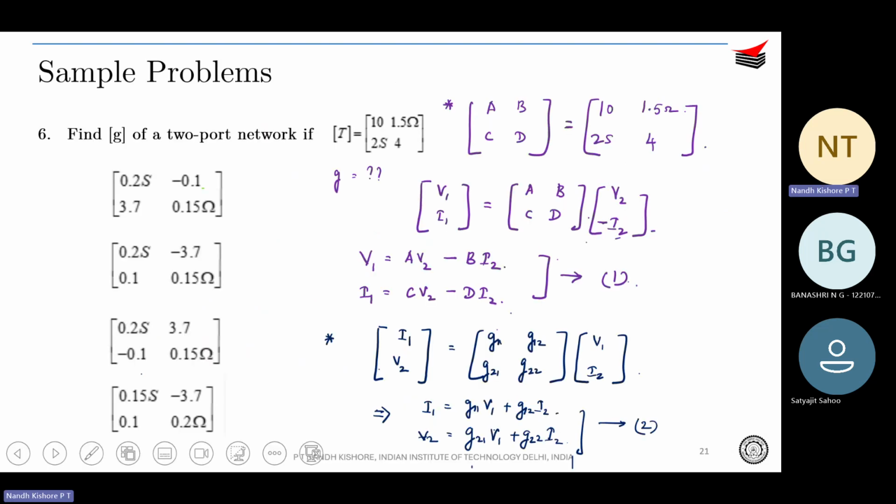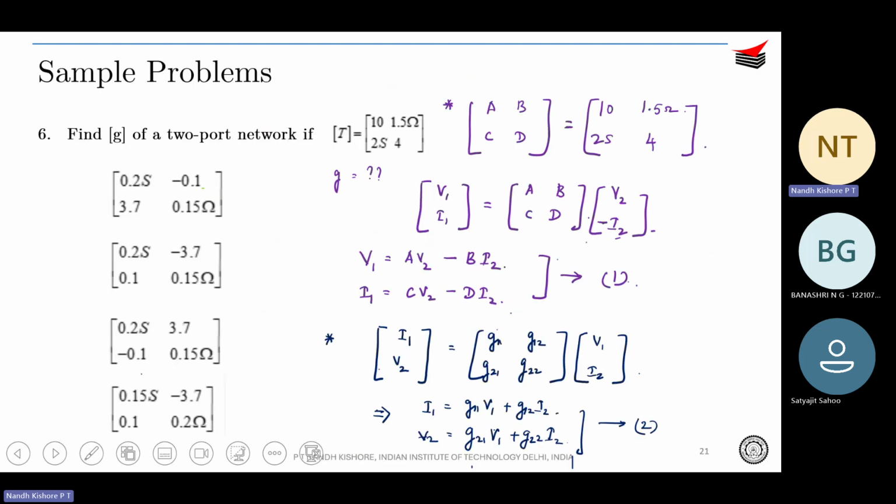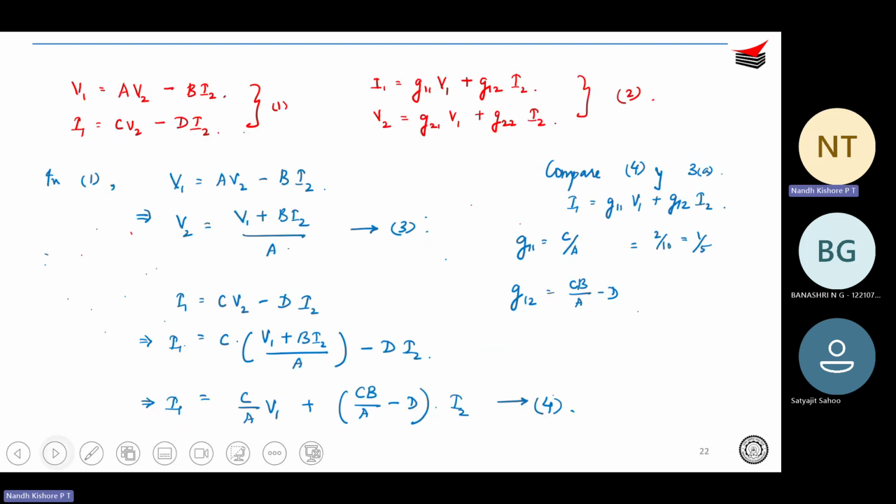So C by A is what? C by A is 2 by 10, 1 by 5, and CB by A minus D, right? So we have to do a bit of computation. I am getting minus 3.7.